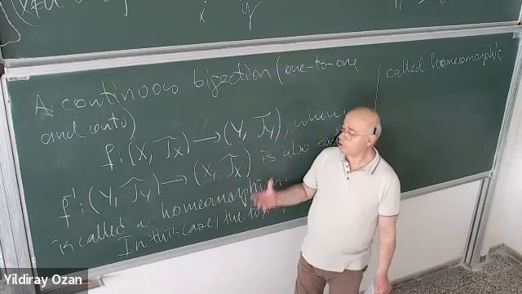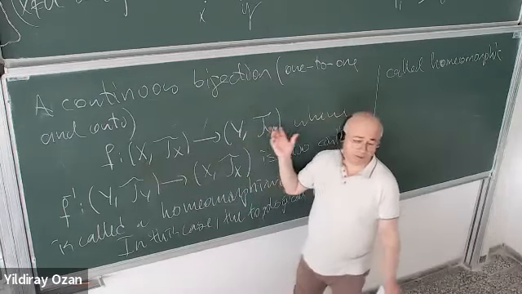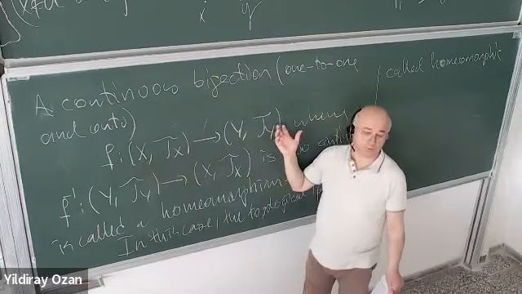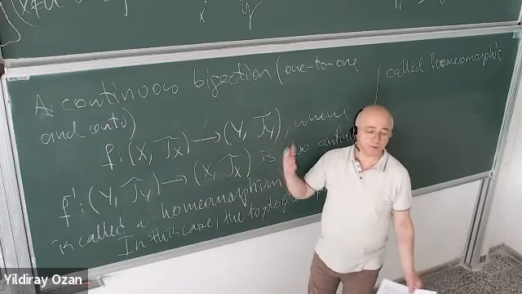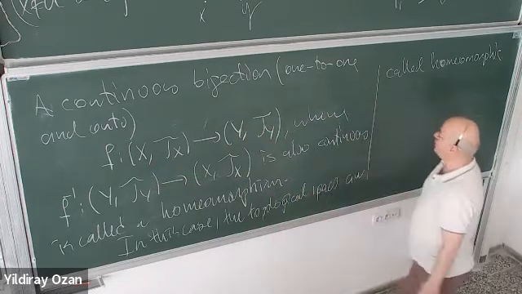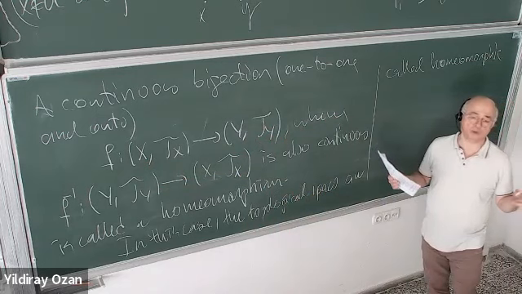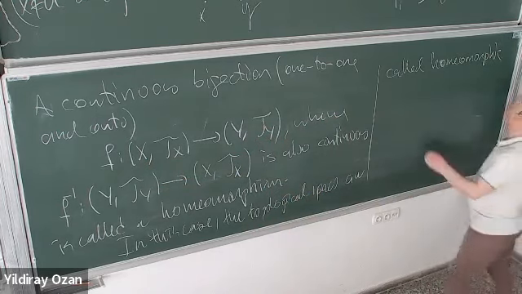In other words, a set in X is open if and only if its image is open, and vice versa. So not only are the sets the same, but the topologies are too, your open sets are also the same, okay? And in this case, we call them homeomorphic, and we will regard them as the same topological space. We will not distinguish them.